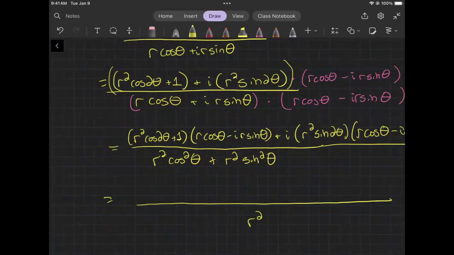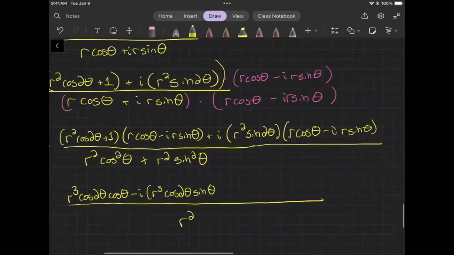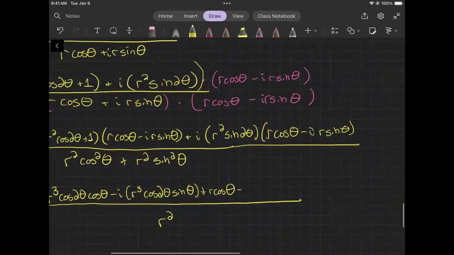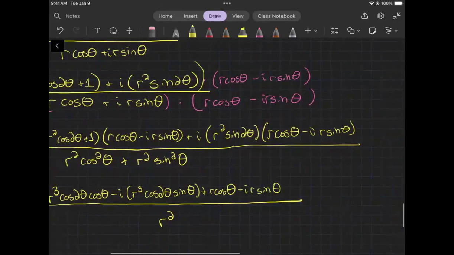So we will have r cubed cosine 2 theta cosine theta, minus i times r cubed cosine 2 theta sine theta, that's the inside terms, plus r cosine theta and minus i r sine theta.